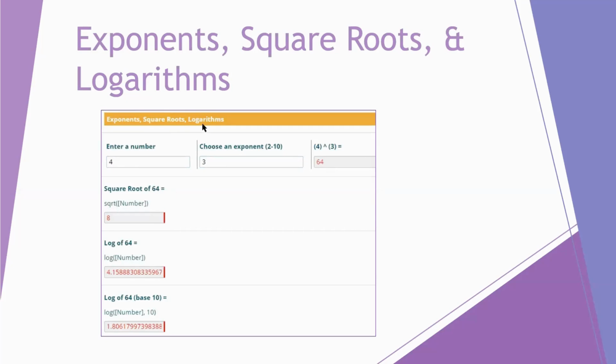For exponents, displayed in the top right corner, you want to wrap the number in parentheses, followed by that caret, the shift 6, and then followed by the exponent wrapped in parentheses. The square root function is pretty straightforward, and for logarithms, you must specify the base, which defaults to base E, whatever that means.